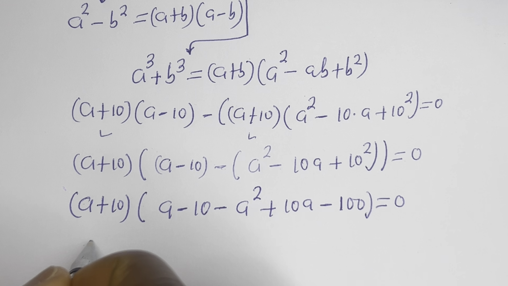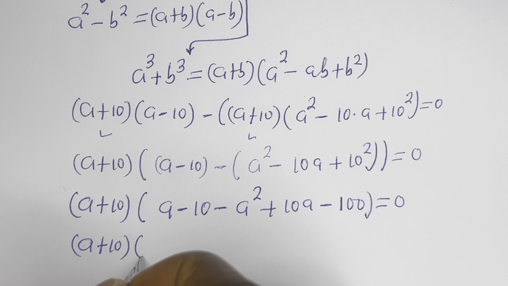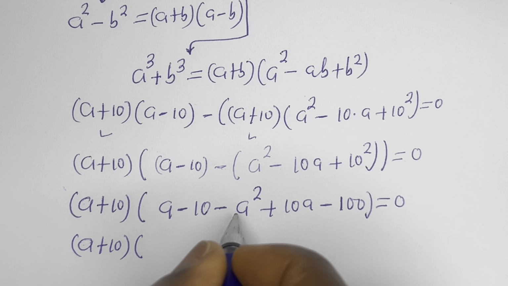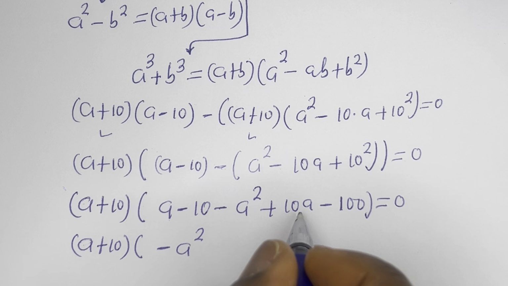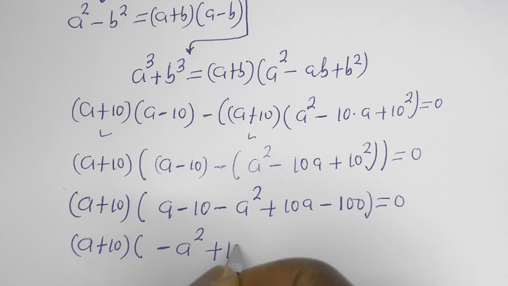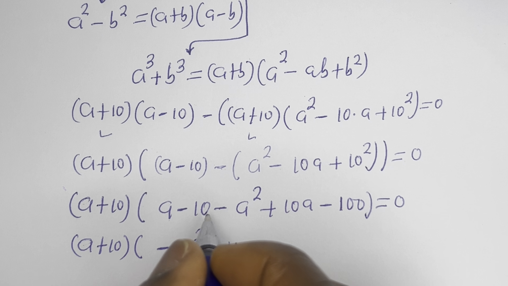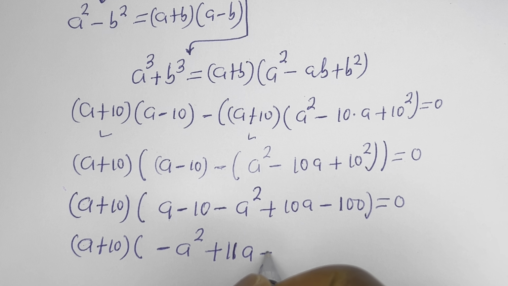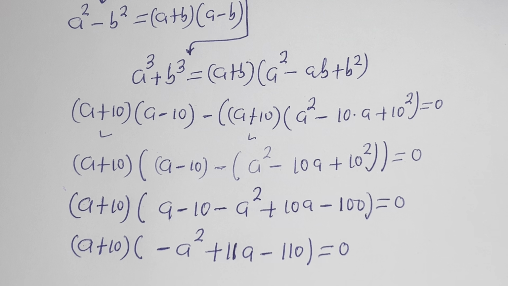Here we have a plus 10 bracket, here is minus a squared, then a plus 10a, this is plus 11a, minus 10 minus 100. This is minus 110 is equal to 0. There are two cases here.